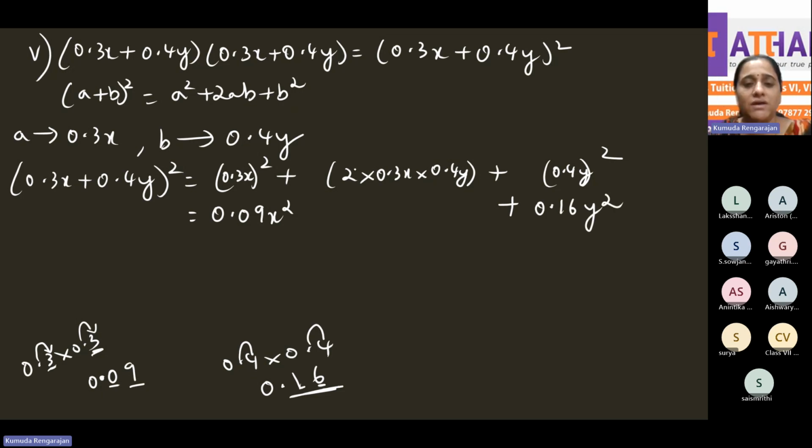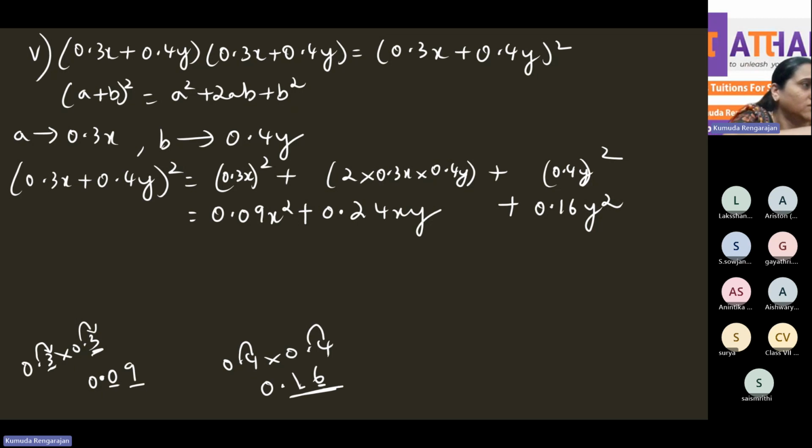And here, how do you multiply? 2 into 3 is 6. 6 4s are 24. So write 24 xy. And again in the product, there should be 2 digits after the decimal point because 0.3 and 0.4, so 1 plus 1, 2. It will be 0.24 xy.